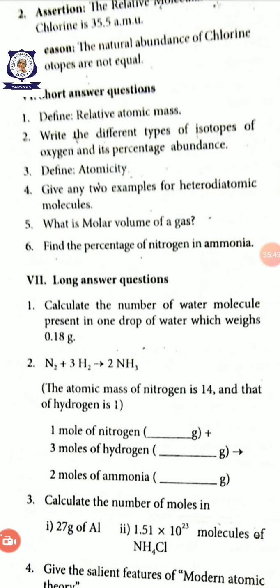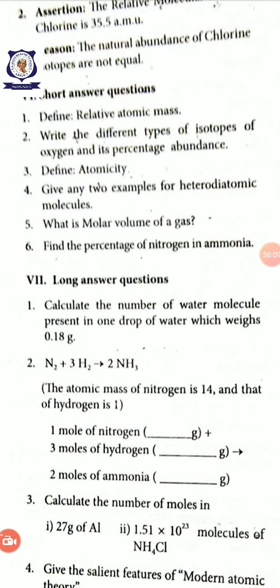Just add these two: 28 plus 6, so 34 grams. So 2 moles of ammonia, 34 grams.